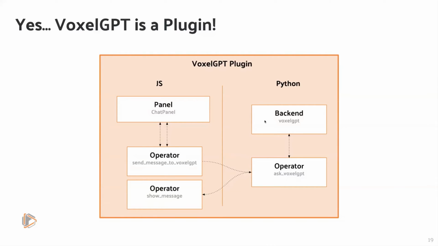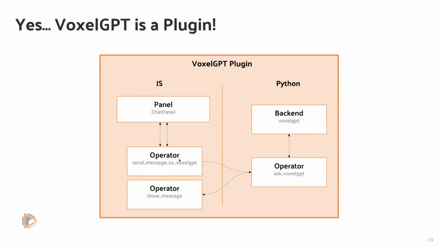And so if we think back to the architecture of plugins, we can do some comparison to see how the pieces of VoxelGPT fit into the plugin framework. In VoxelGPT, there is a panel. In our case, it's a panel that shows a chat history. In the code, that's called chat panel.